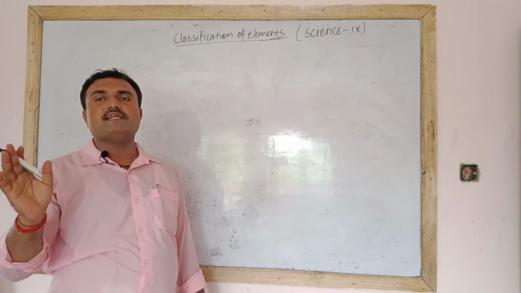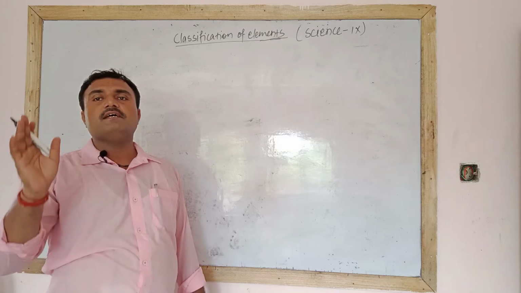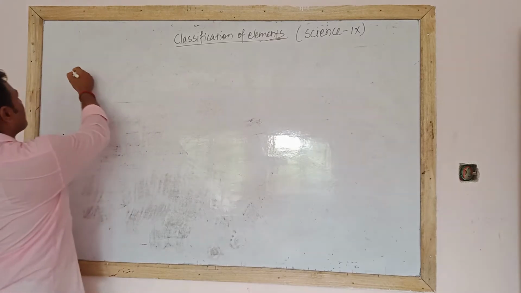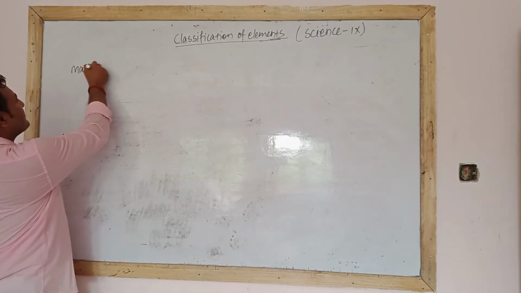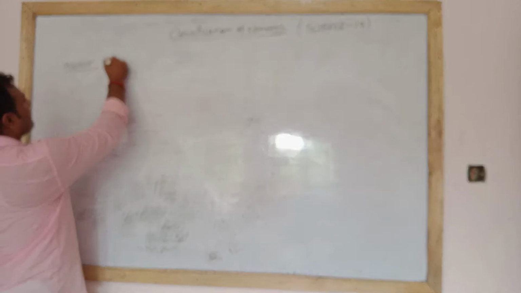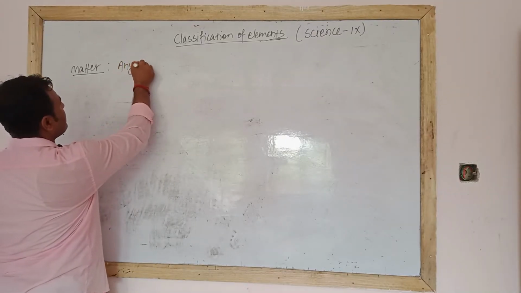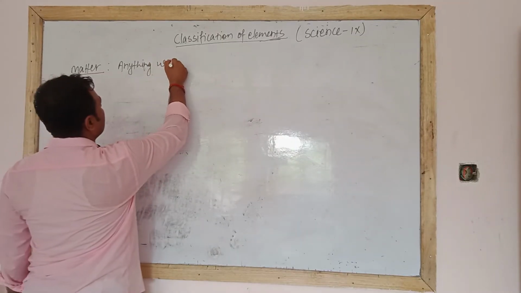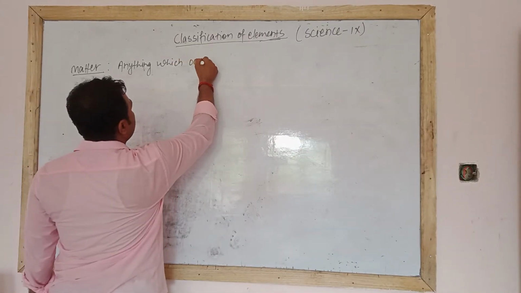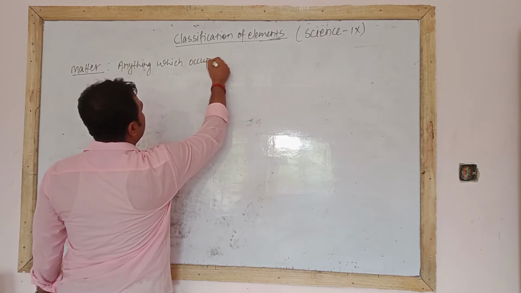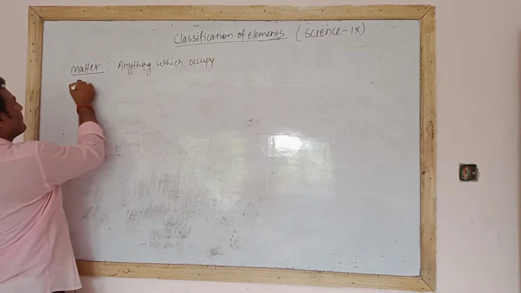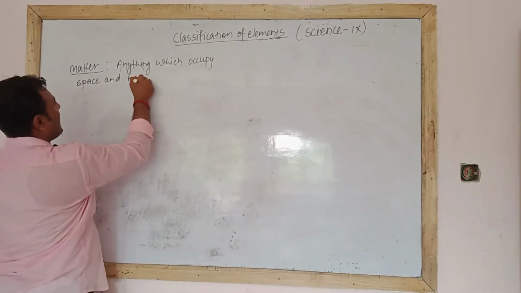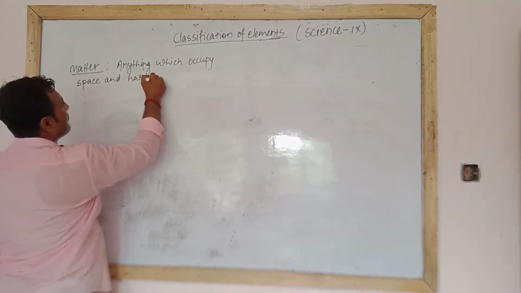One of the most important characteristics of matter is what? It occupies space and has weight, and therefore we define matter as anything which occupies space and has mass.